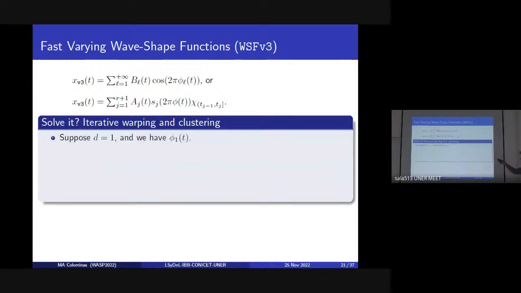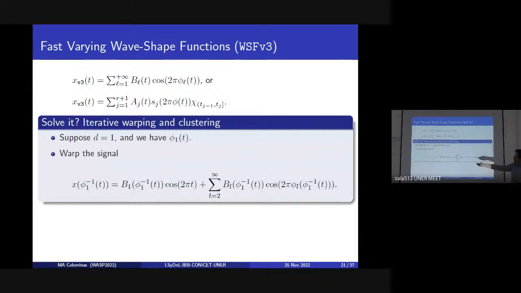We can suppose that D is equal to 1 just for the sake of simplicity, and we estimated the phase somehow, maybe with the STFT or with the synchrosqueezing transform, as I said before. We can warp the signal. Sometimes it can also be found as demodulate the signal, but this is different from the demodulation that Sylvain mentioned.